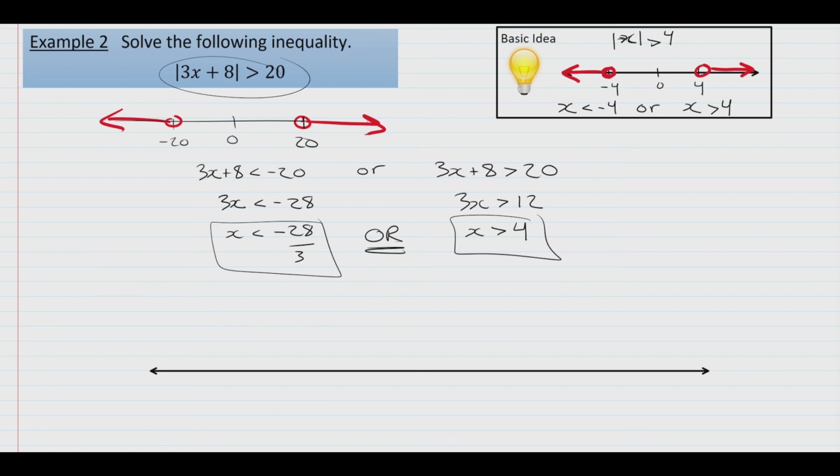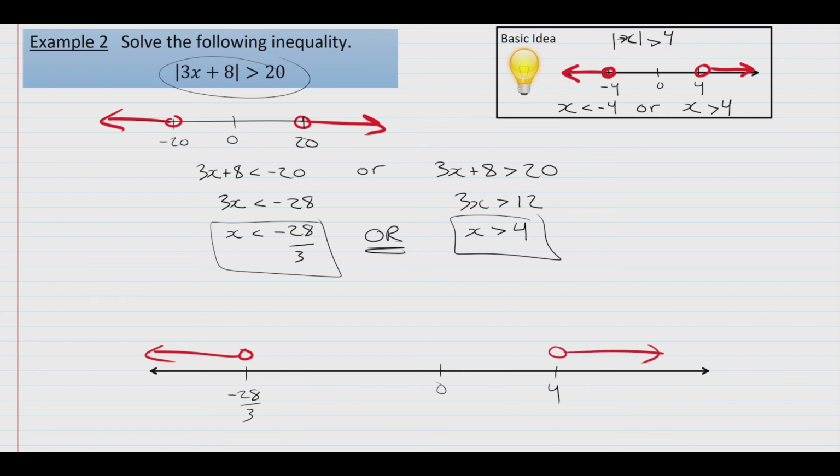If we wanted to show this on the number line, here is 0. We could have negative 28 thirds down here, just a little bit more negative than negative 9, and we could have 4 right here. And we are simply considering the possibility of having x values that are lower than negative 28 thirds, or x values that are higher than 4.